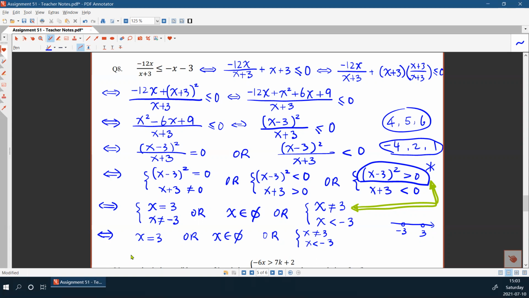So what is the final result? By combining all of these, the final result is x is smaller than minus 3, or x can be 3, right?